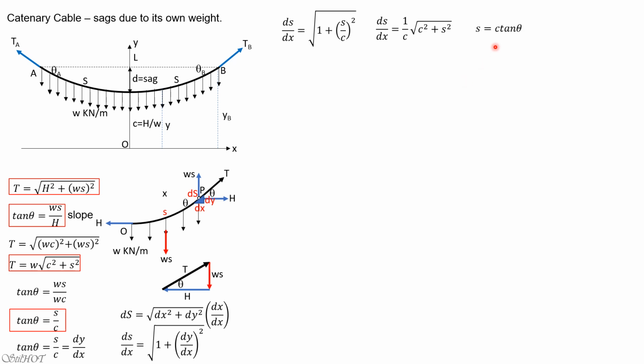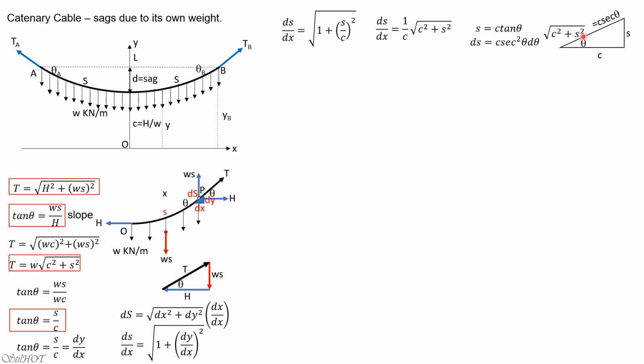So s, because s is c tangent theta, so the differential of s is c secant squared theta d theta. So we define another triangle here for tangent. So this is theta. Tangent theta is opposite s, adjacent c. So the hypotenuse is the square root of c squared plus s squared, which is c secant of theta.